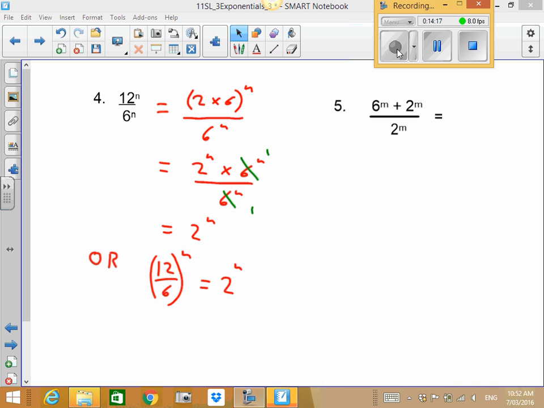In the last example, 5, we have 6 to the n plus 2 to the n all over 2 to the n. What I should do here is look at factorising the 6, so I can write 6 to the power of n as 2 times 3 to the power of n, that is, plus 2 to the n, all over 2 to the power of n.